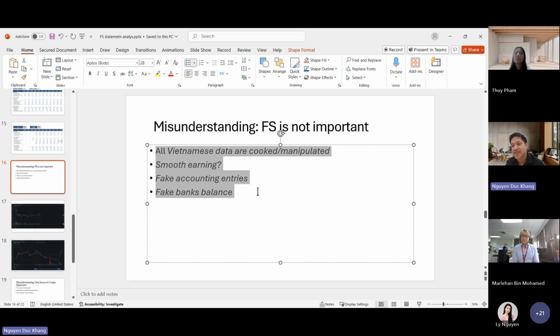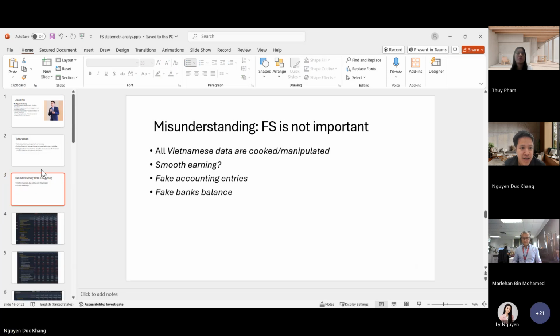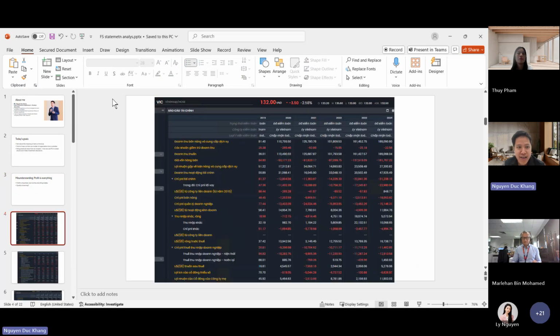And if we look at the financial statement carefully, it will give us some red flags. Like I said, in the beginning I showed you the example of VIC, Vingroup.